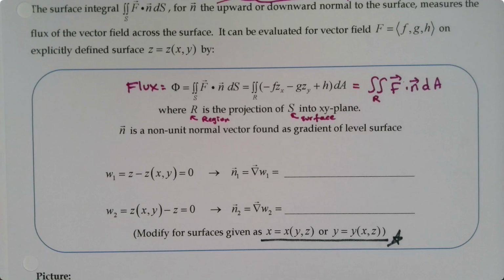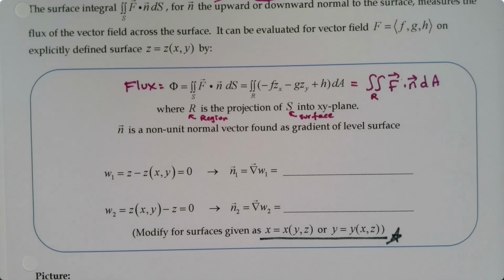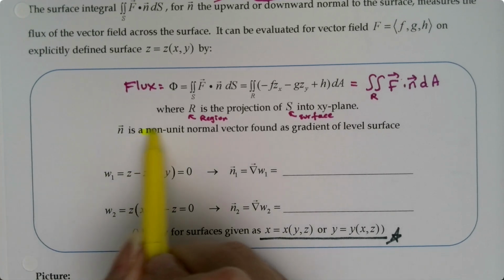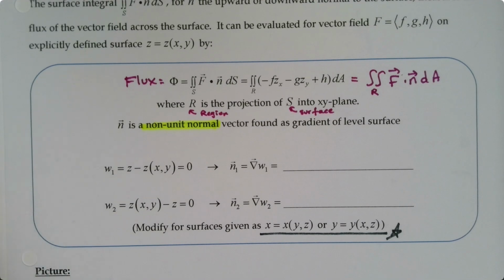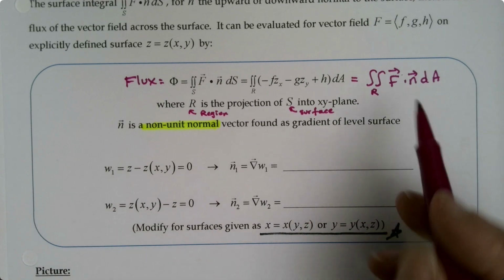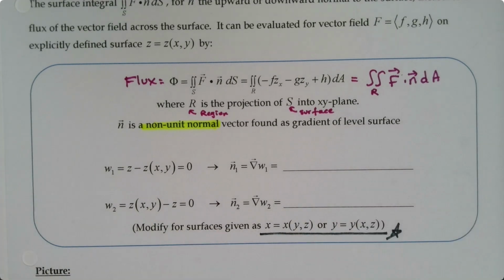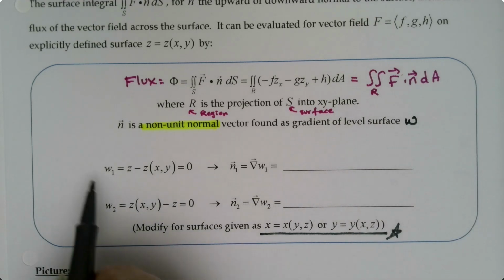Now, the n vector is a non-unit normal vector, so it doesn't have to be a length of 1. It can be, but it doesn't have to be. But you have to choose that direction. So what are the choices? If you define your level surface W, it can be defined one of two ways.